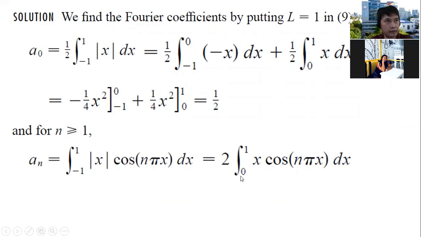Our limit initially is from -1 to positive 1, so obviously the a value here is 1. That's why from 0 to a is just from 0 to 1. Then from 0 to 1, our function is defined as just x. So this is x times cosine n pi x dx.